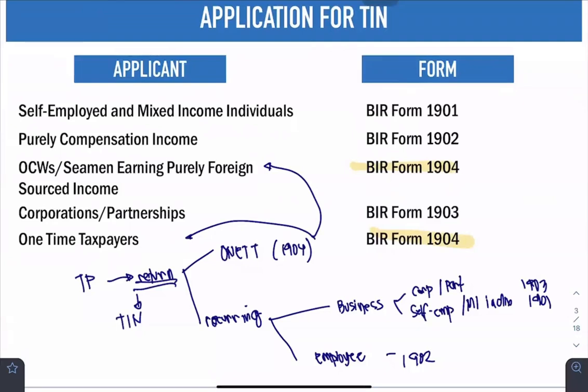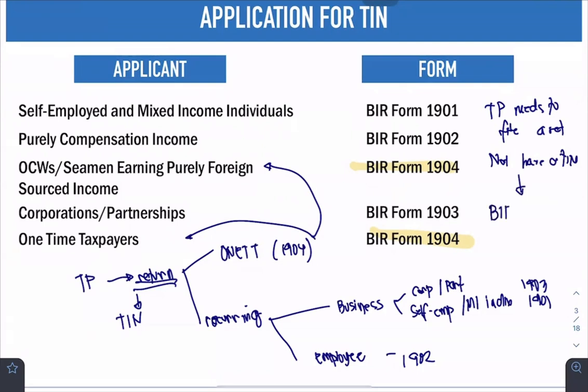So again, we're clear here that whenever the taxpayer needs to file a return and does not have a TIN, how does the taxpayer get a TIN? Through your BIR forms 1901 until 1904.